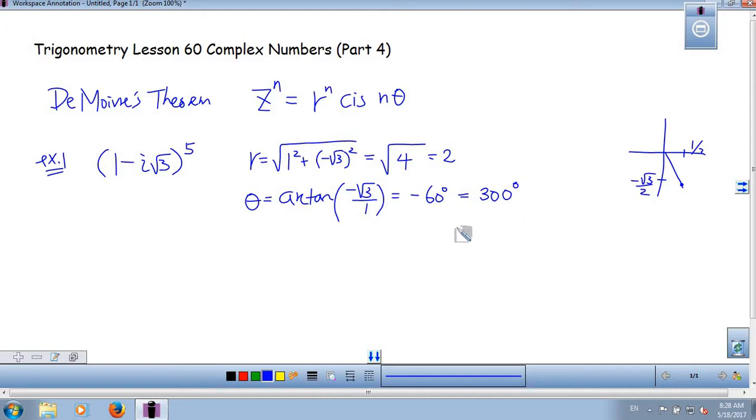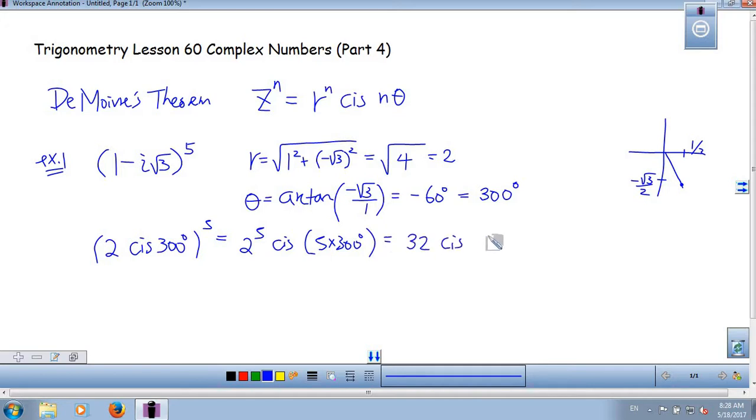Alright, so now we know what we are dealing with. So this is 2 cis 300 degrees, and we are going to raise this to the 5th power. Using De Moivre's formula, it's going to be 2 to the 5th power, cis 5 times 300 degrees. So this will be 32 cis 1500 degrees.